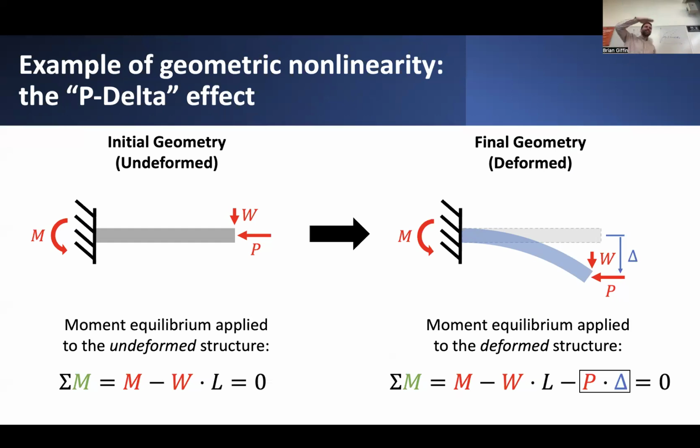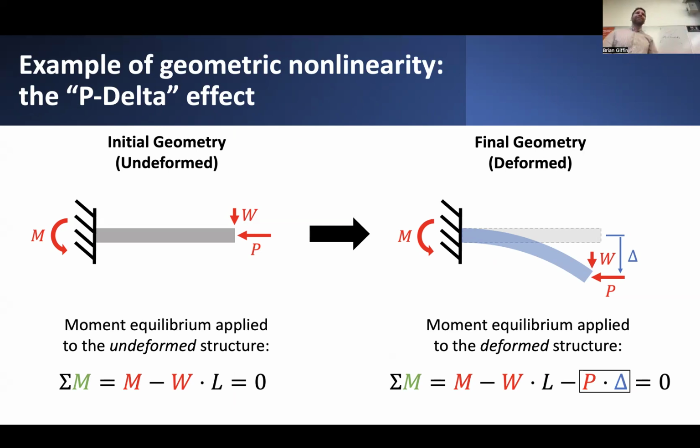So I have some axial load P, I have some transverse load W acting downward, and I'm not showing the vertical shear force or the axial reactions at the support. Suffice it to say that can be relatively easily determined. Certainly the vertical shear force should be W, the axial reaction force should be P, acting equal and opposite to the end loads. What I want to call your attention to is this reaction moment at the end of this beam.